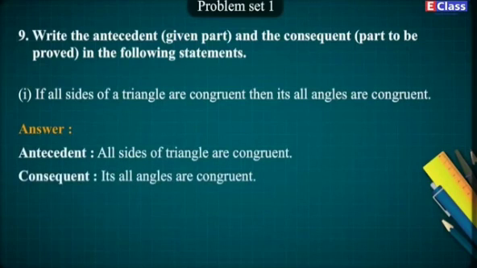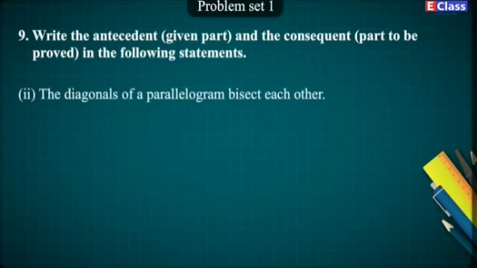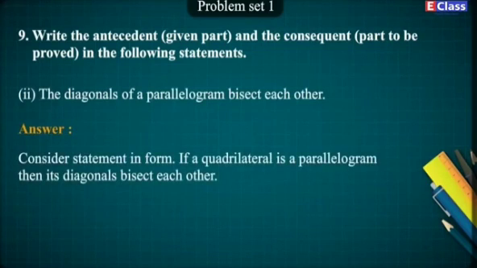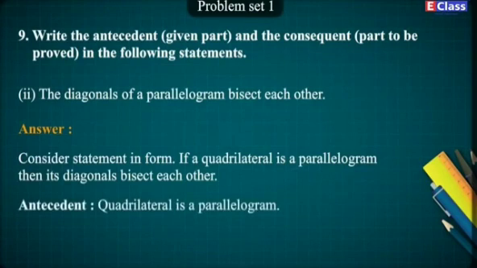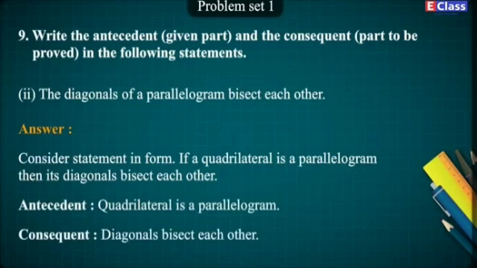Its all angles are congruent. 2. The diagonals of a parallelogram bisect each other. Answer. Consider the statement in if-then form. If a quadrilateral is a parallelogram, then its diagonals bisect each other. Antecedent. Quadrilateral is a parallelogram. Consequent. Diagonals bisect each other.